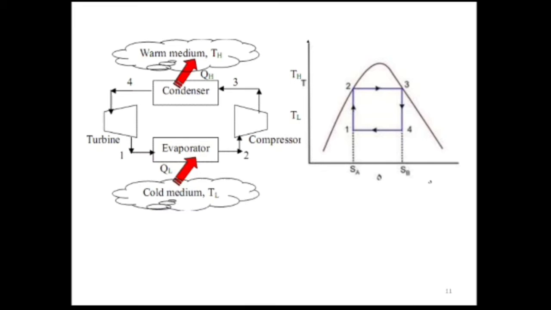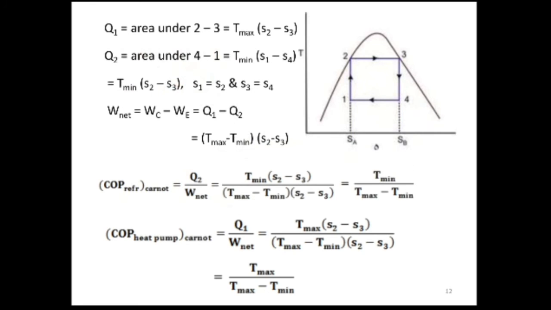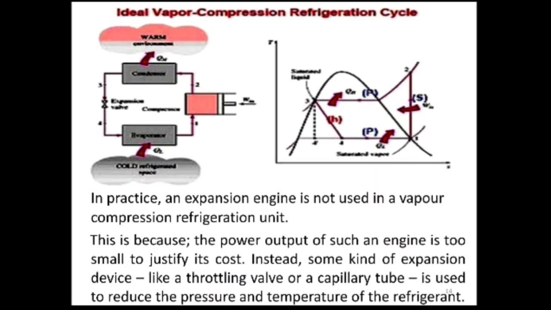So that is why we will have a very near practice cycle which is known as vapor compression refrigeration cycle. As I told you in the last class itself, the name vapor compression refrigeration simply means the compression is done only for the vapor.